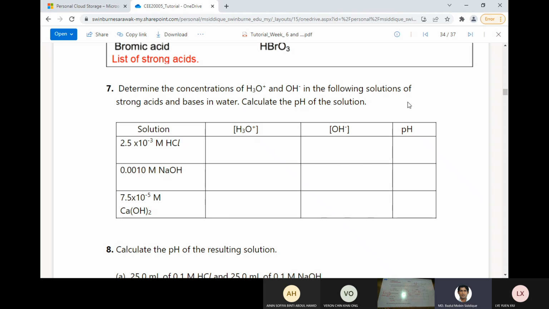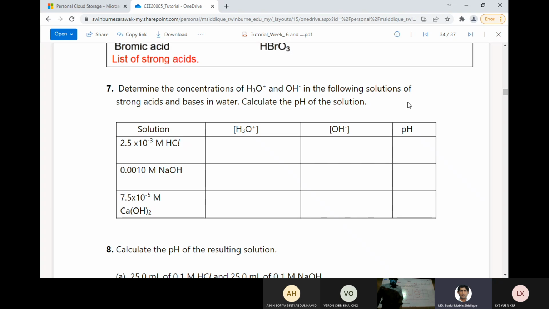So 7.5 times 10 to the negative fifth molar of calcium hydroxide will produce double the amount of this concentration. So 7.5 times 10 to the negative fifth times 2. This is the concentration of hydroxyl ion we will get, right? And the hydronium ion concentration will be just as we have found it, right?